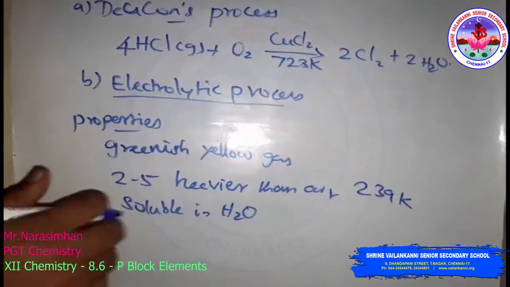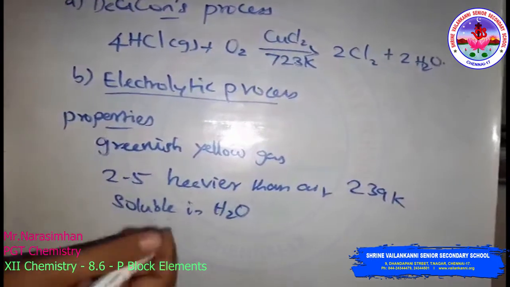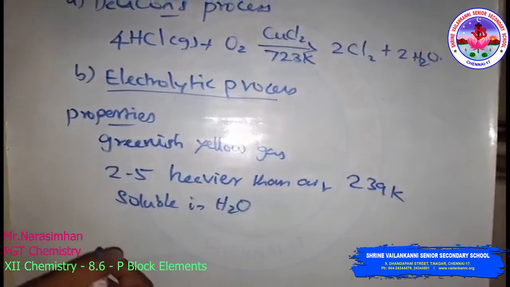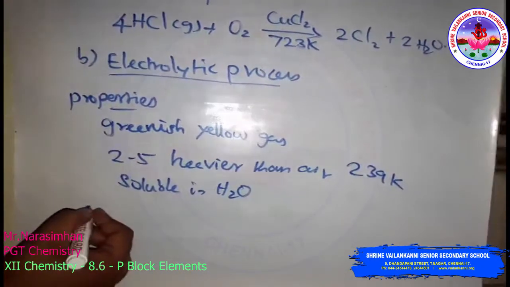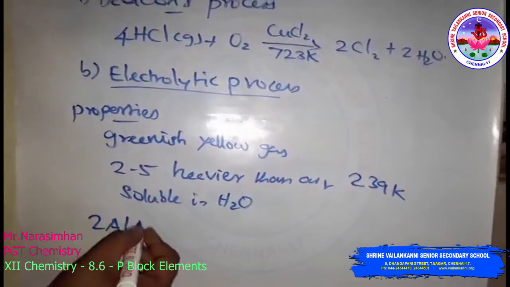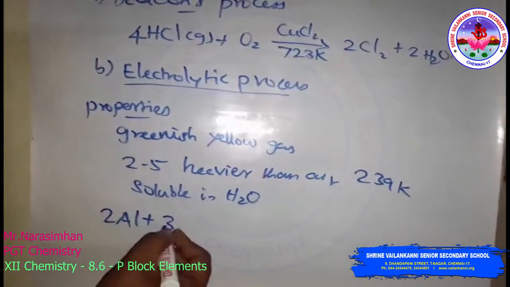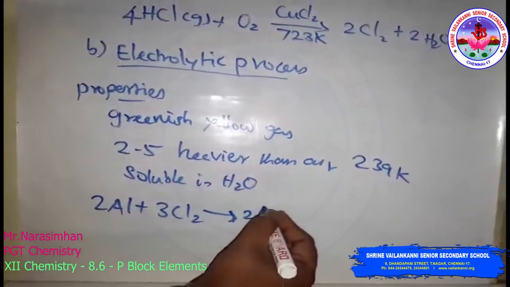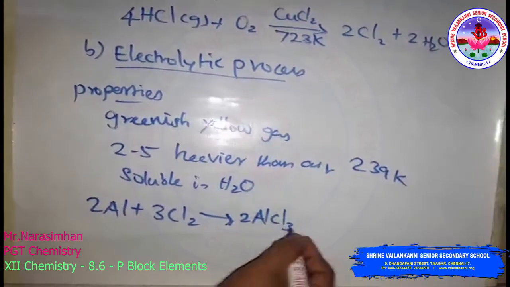So this chlorine reacts with a number of metals and non-metals to form chlorides. We can see some reactions here. Aluminium, a metal, reacts with chlorine to form AlCl3.